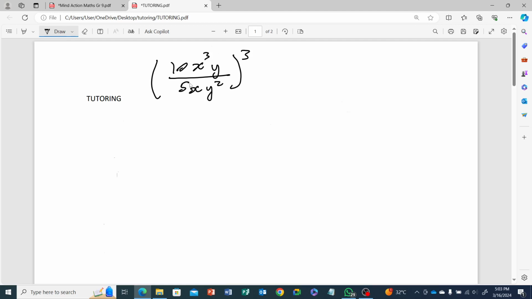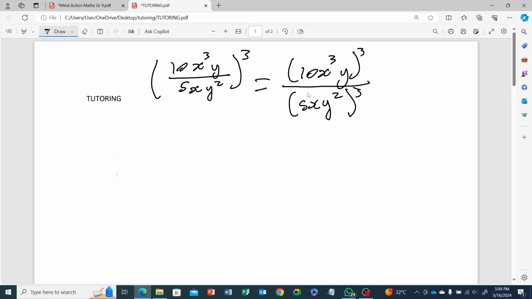Okay, so what effectively we are going to do here, I'm going to rewrite it in a form that you can understand. This actually means 10x cubed y raised to the cubed, over 5x y squared raised to the cubed.